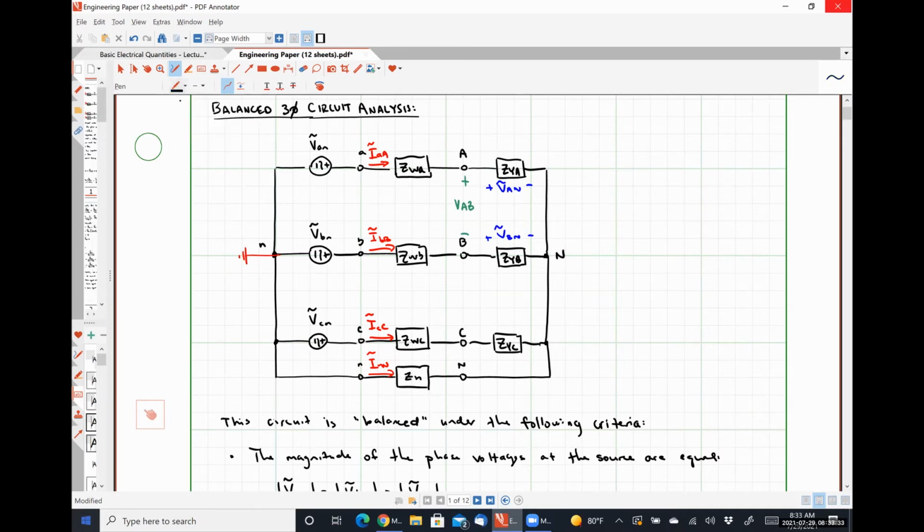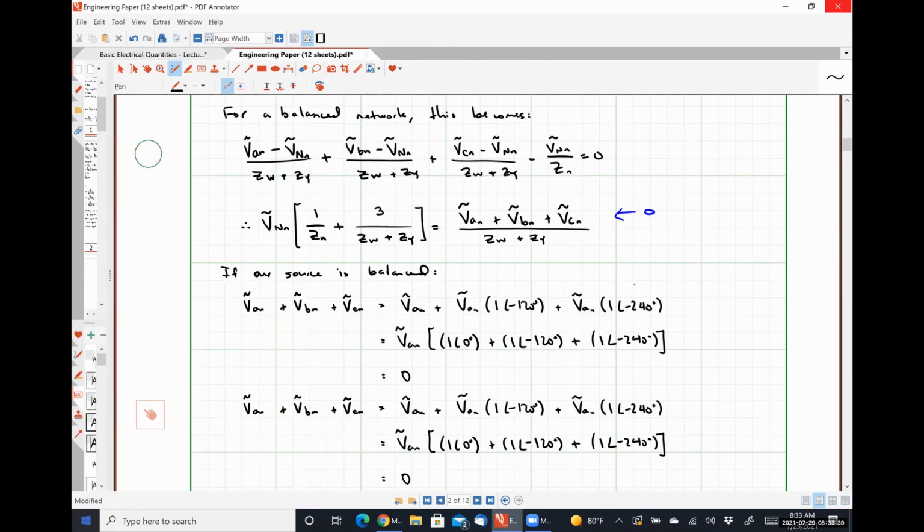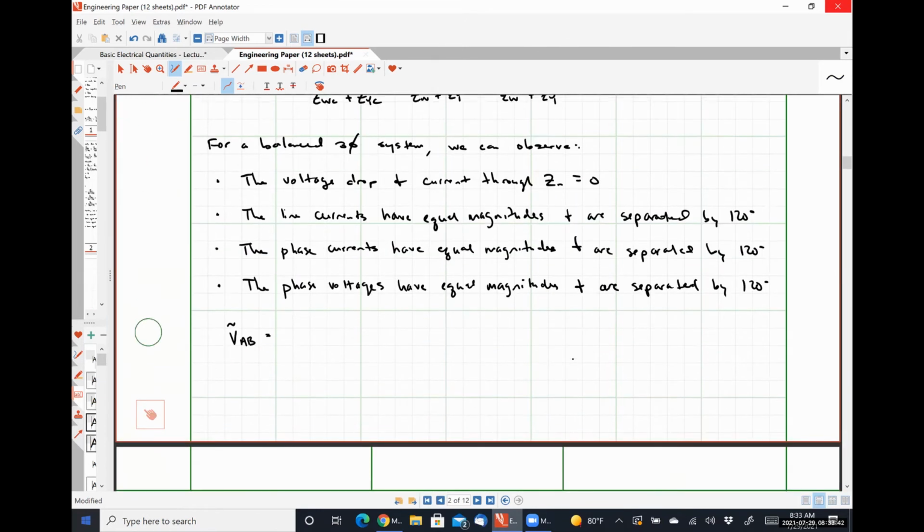So I could perform Kirchhoff's voltage law around that loop and find that V_AB is equal to V_AN minus V_BN, or I_AN ZY minus I_BN ZY.